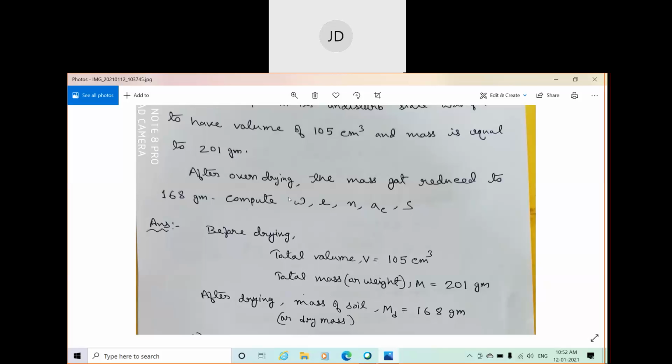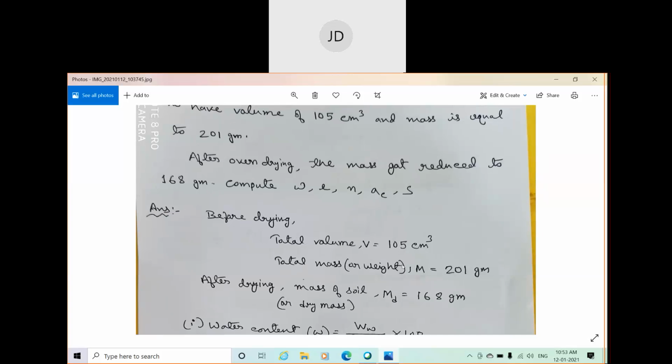Using this, first you need to find out the moisture content or water content. How can you find out moisture content using these parameters? What is the definition of water content? Moisture content is defined as the ratio of weight of water to weight of soil solid, or mass of water to mass of soil solid.